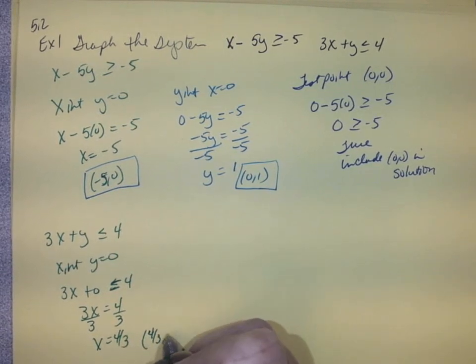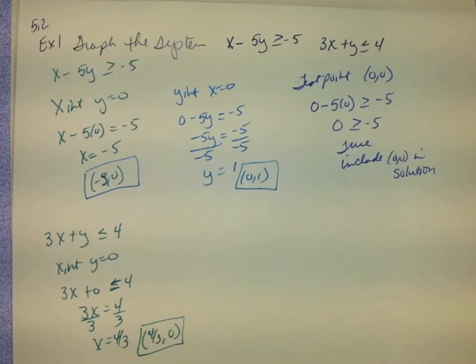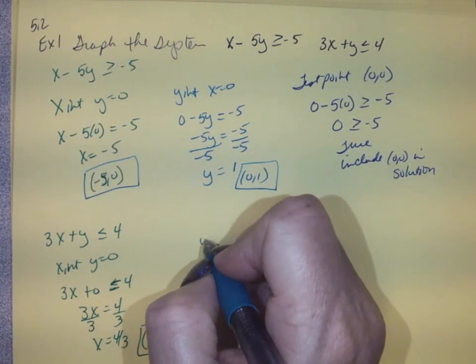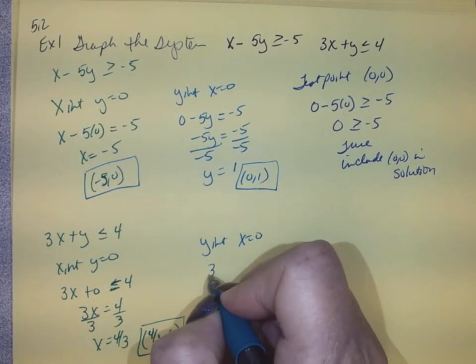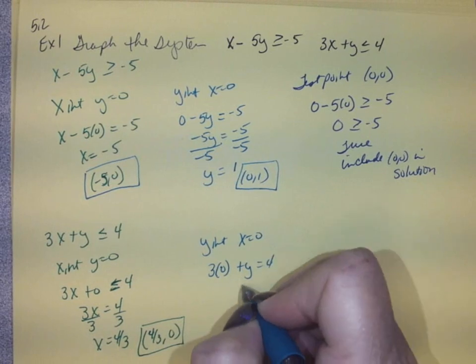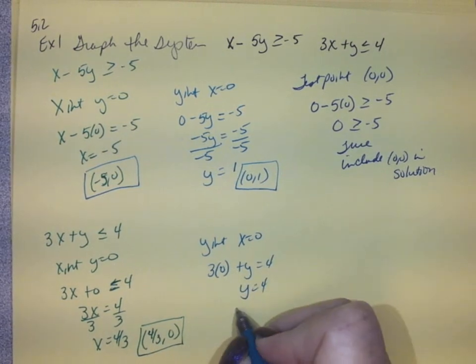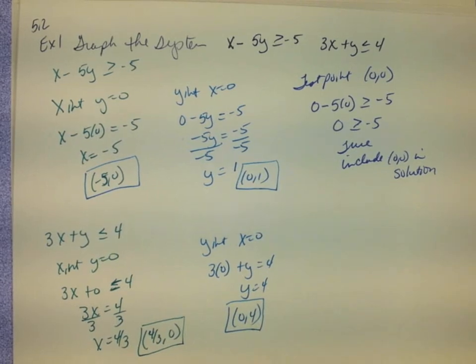So (4/3, 0) is our x-intercept. Our y-intercept, x will be equal to 0. So 3 times 0 plus y equals 4, y equals 4. So (0, 4) is our y-intercept.